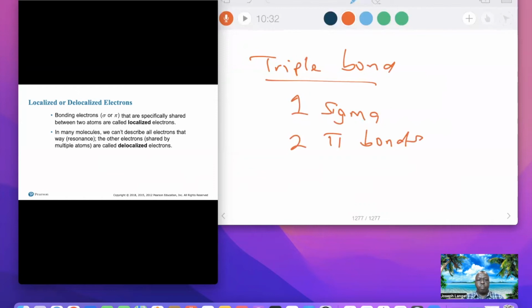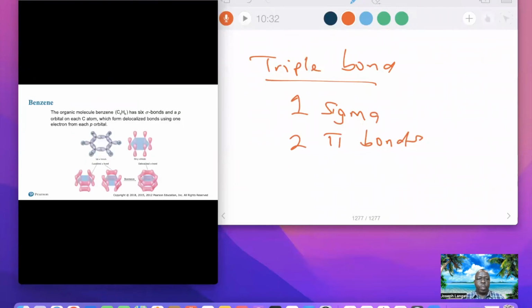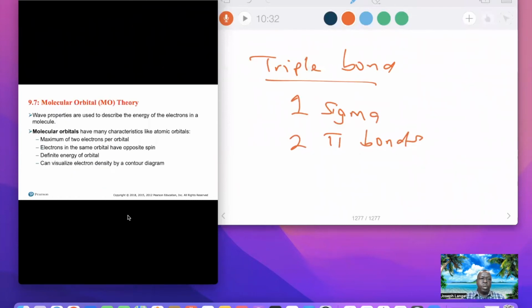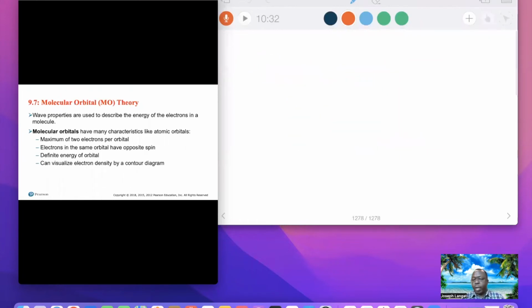That means they can move around. This explains why some molecules fluoresce. We see electrons moving within atoms, such as in benzene. That's what I want you to know as far as the double bond is concerned: a double bond is 1 sigma bond and 1 pi bond.